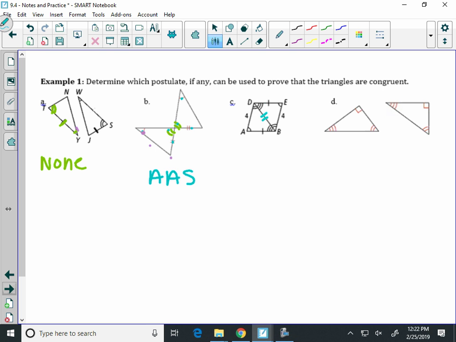What shortcut? Is it side, side, side, side, angle? Well, that's only if we're saying parts, not triangles. Angle, side, angle. Here's an angle, here's a side, here's another angle. Angle, side, angle. Is there another one we could have used?